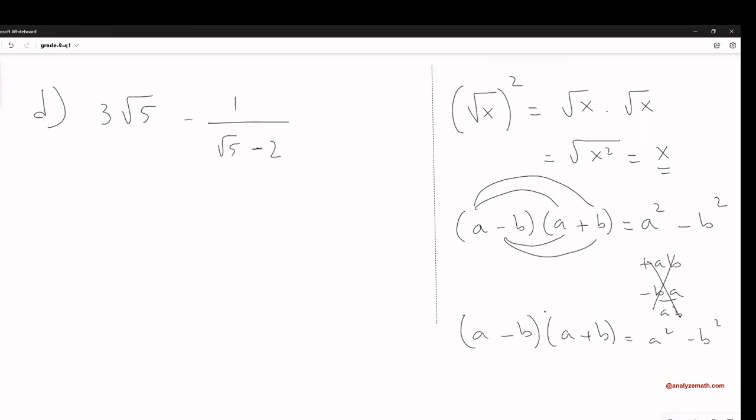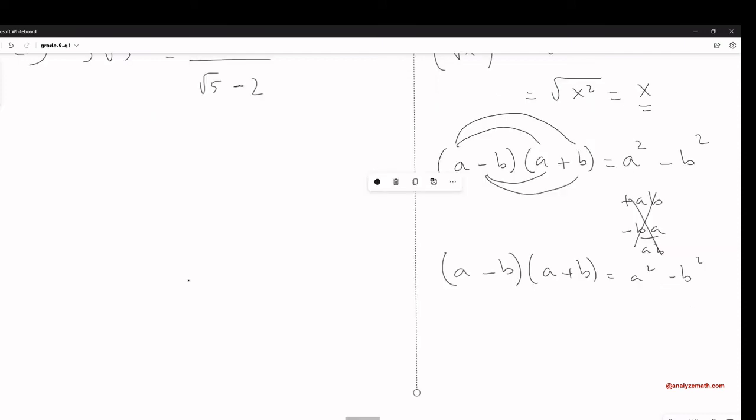Now suppose we have square root of a, square root of b, square root of a, and hang on, let's put it separately. So suppose I have square root of a minus square root of b multiplied by square root of a plus square root of b. And if I apply this, what do I say?